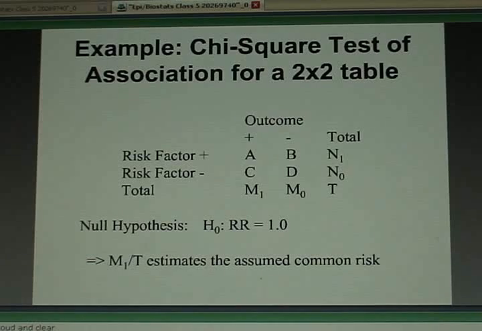Because the null hypothesis says that regardless of the intervention you receive, it has no effect, everyone has the same risk. Well, if that were true, the best estimate of that common null risk would be to look at everybody.